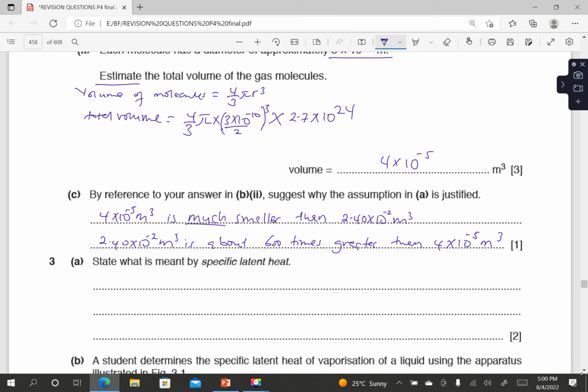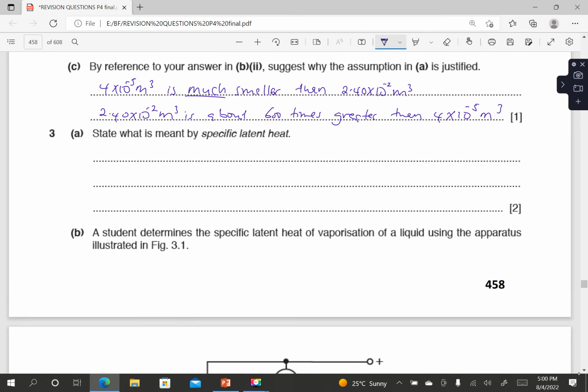I think it is about 600 when you divide. So it means the assumption is justified because the total volume of the molecules compared to the volume of the gas, or the volume occupied by the gas, is too small. Okay, next.